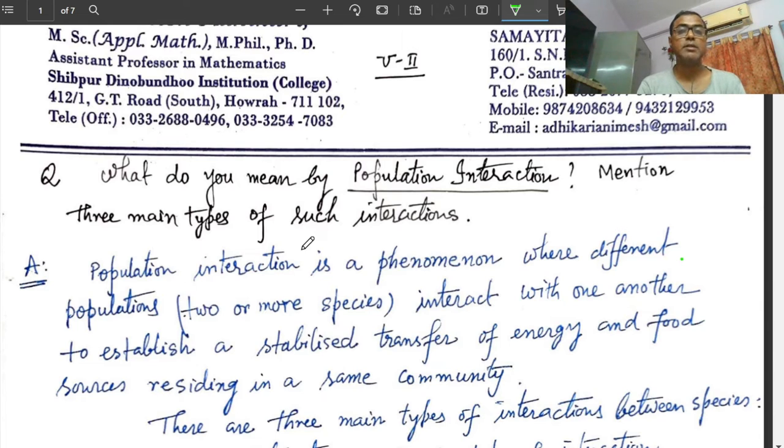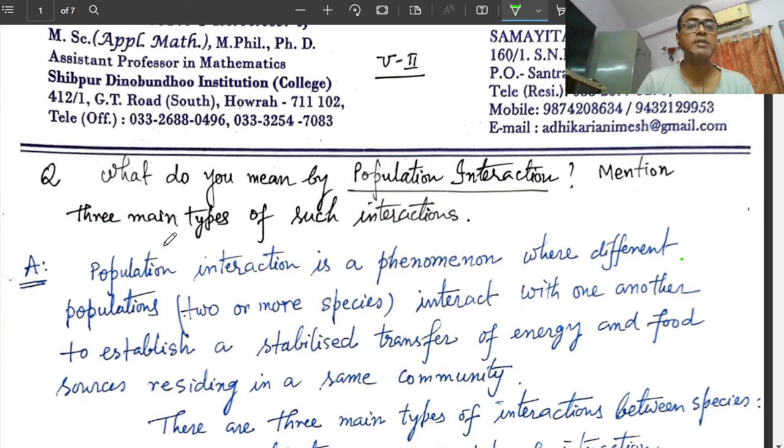Population interaction is a phenomenon where different populations, two or more species, interact with one another to establish a stabilized transfer of energy and food sources residing in the same community.